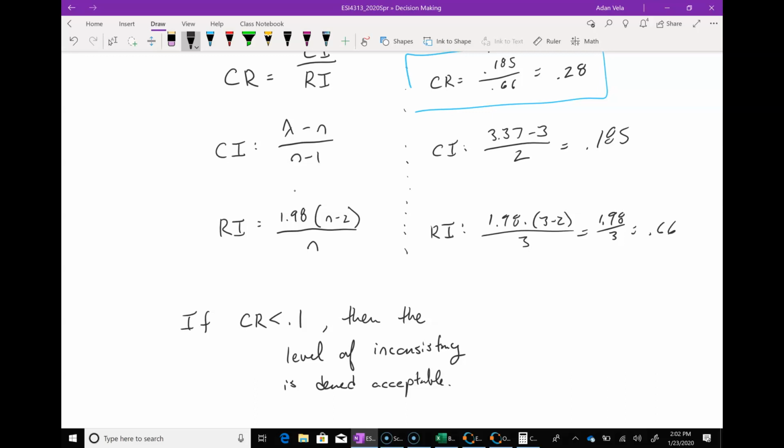So you can't actually say they're consistent unless they are consistent, but you can say their inconsistency is acceptable, if that makes some sense, right? Nobody's perfect, but you're good enough. It's kind of the idea.